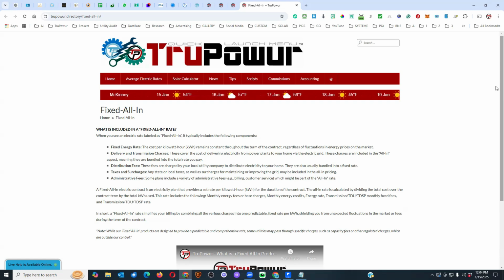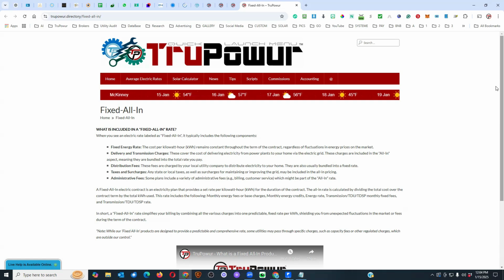They are also usually bundled into a fixed rate. 4. Taxes and surcharges. Any state or local taxes, as well as surcharges for maintaining or improving the grid, may be included in the all-in pricing. 5. Administrative fees. Some plans include various administrative fees, e.g. billing, customer service, which might be part of the all-in rate.